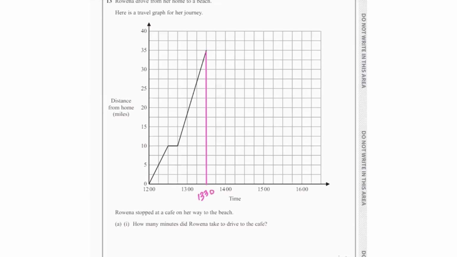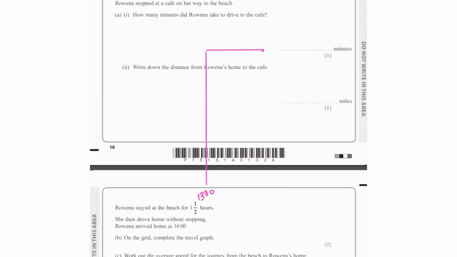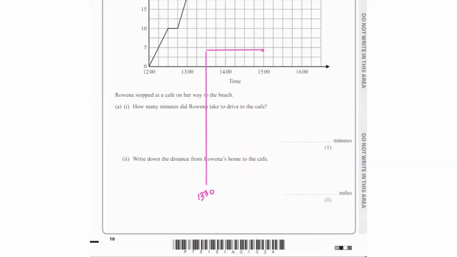So for 1.5 hours, this is half an hour and this is 1 hour. So she's going to leave the beach at 15, and she's going to reach home at 16.